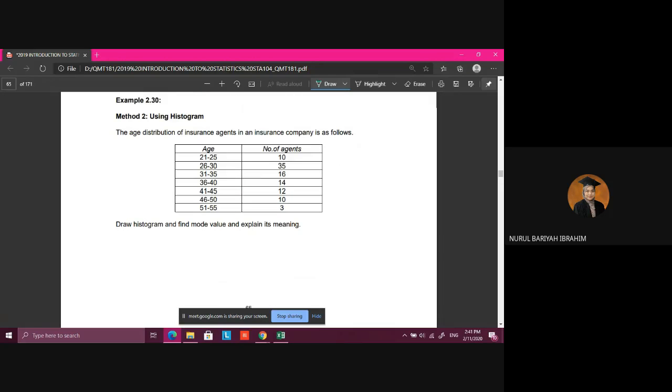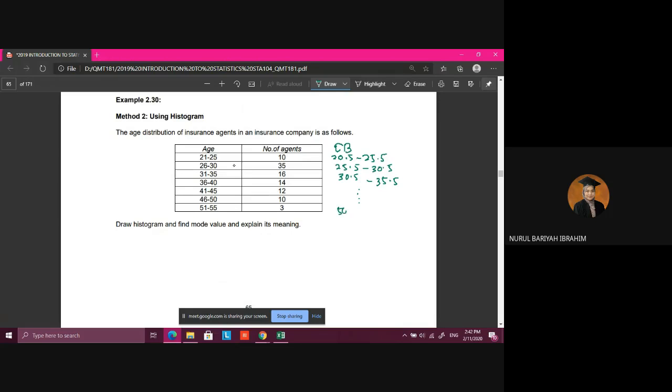Macam mana pula kalau nak gunakan histogram? So remember, kalau nak lukis histogram, you kena ada frekuensi dan juga class boundaries. The class boundaries here, kat sini dia bukan overlapping. So the class boundaries will be 20.5 until 25.5, 25.5 until 30.5, 30.5 until 35.5, and so on.